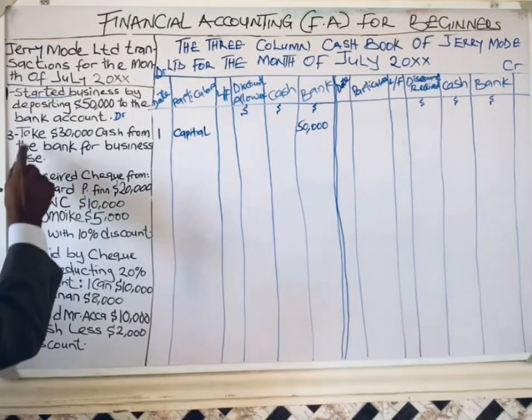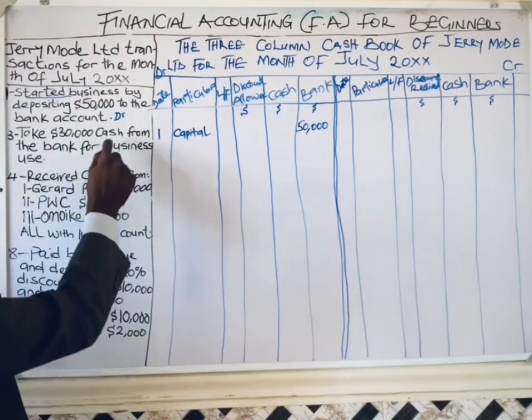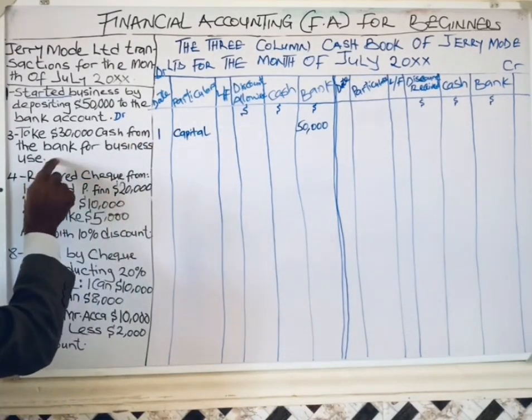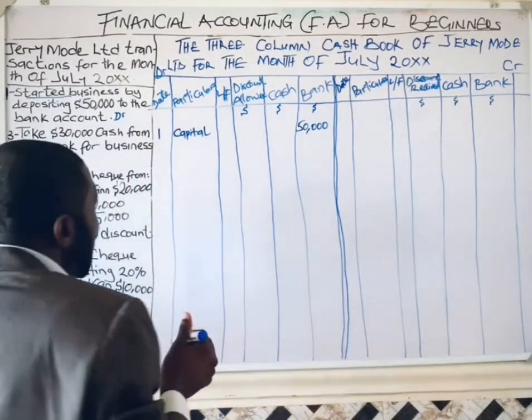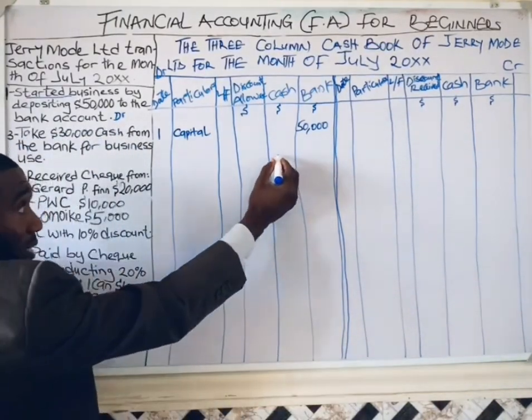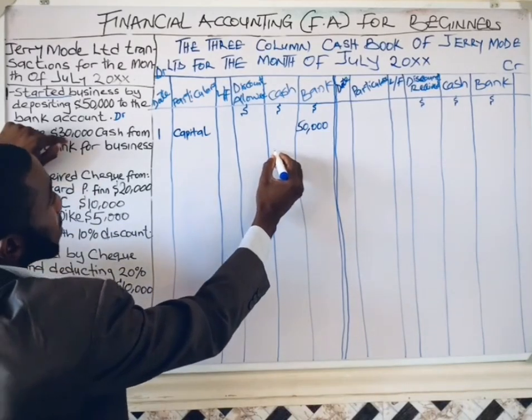Let's see. We took $30,000 cash. So cash is coming. We are taking cash from the bank. So cash is coming, and it must be at the debit side. The cash is coming, and the cash is $30,000.